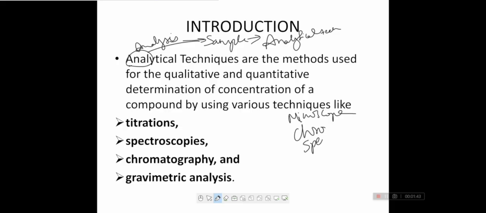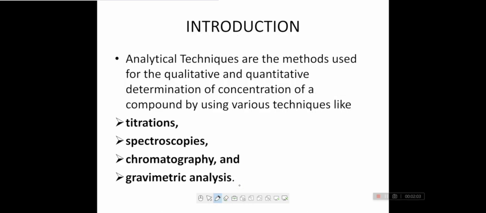Spectroscopy is an analytical technique. There is also immunochemistry. These are all analytical techniques that are used in biochemistry for the analysis of samples.